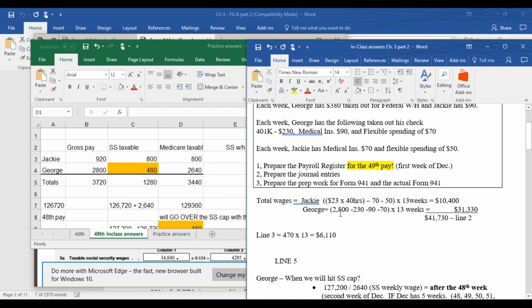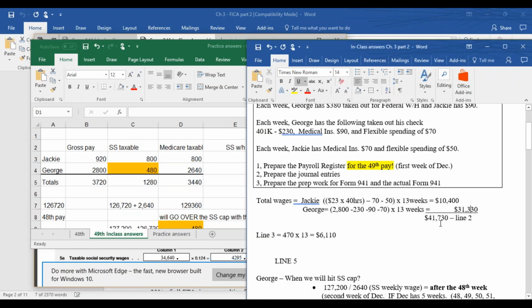George, he had $2,800 gross, remember. And then for federal purposes and federal only, we can deduct his 401k that was withheld, plus his medical and his flexible spending. So we do the subtraction here, times each week by 13 weeks. And this is how much he earned.